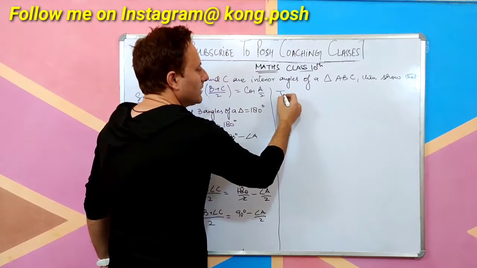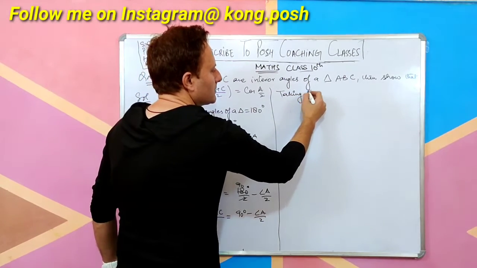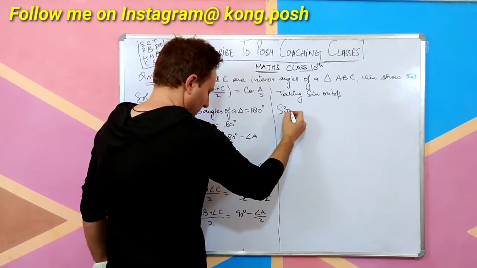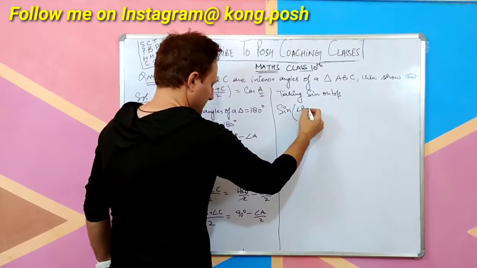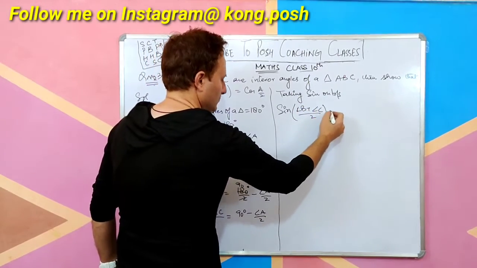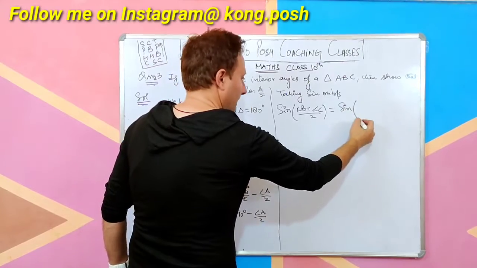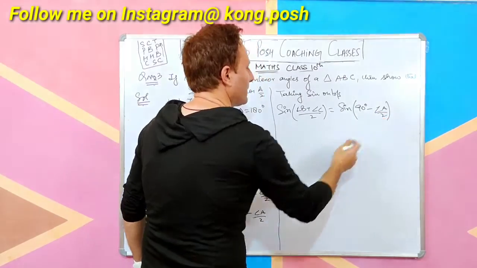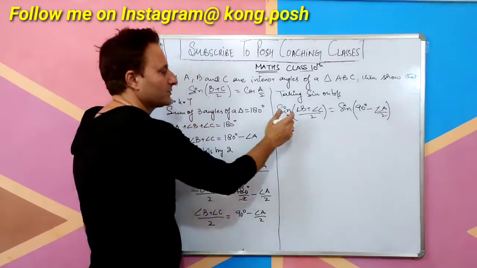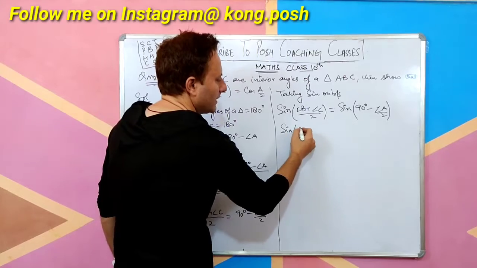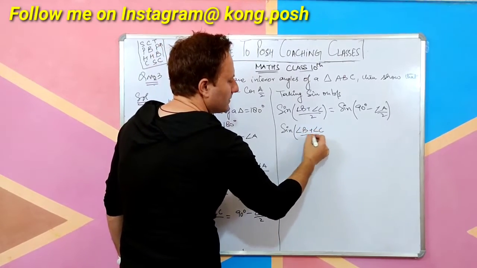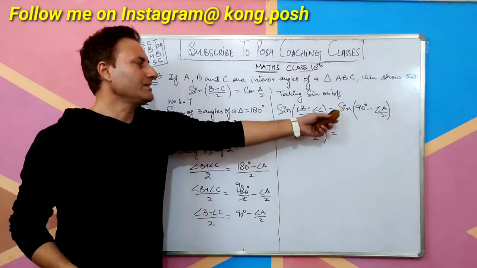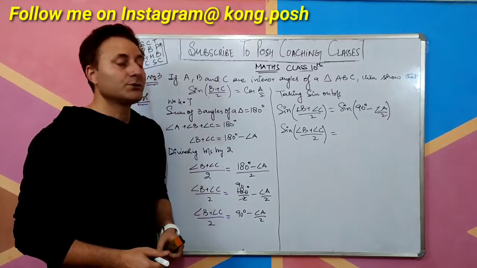So, taking sine on both sides, it becomes sine of angle B plus angle C upon 2 and sine of 90 degrees minus angle A upon 2. This is exactly what I want, so I'll keep it as it is. I know for a fact that sine of 90 minus theta is equal to cos theta.